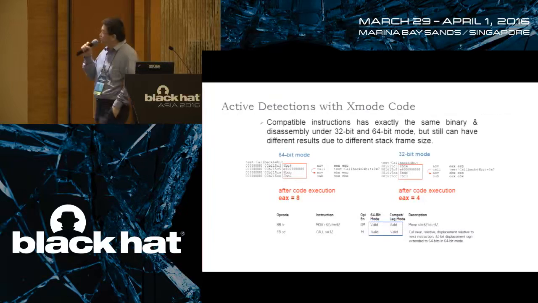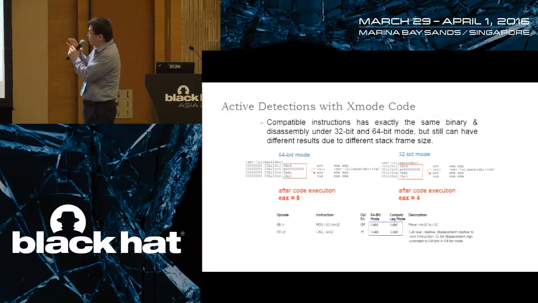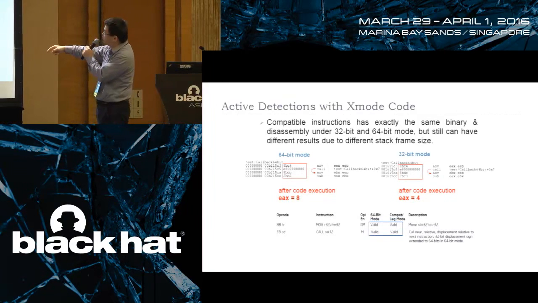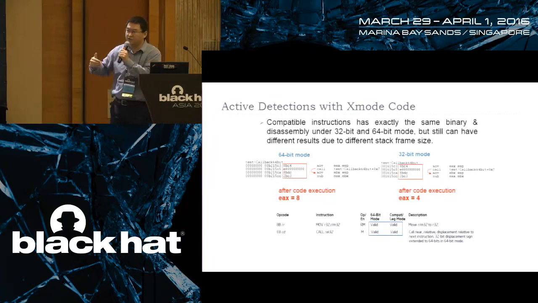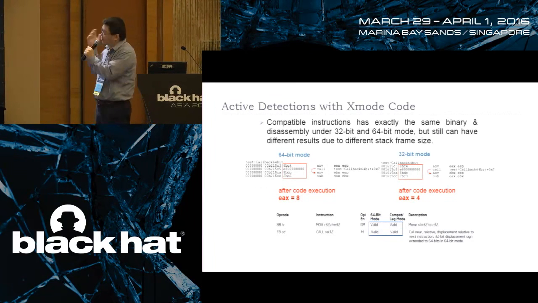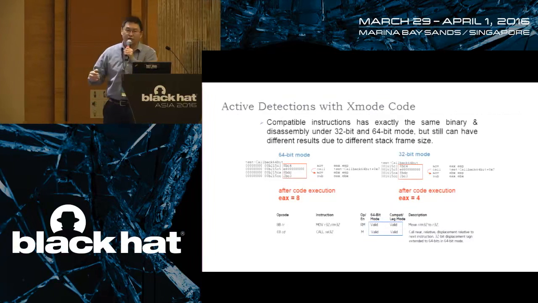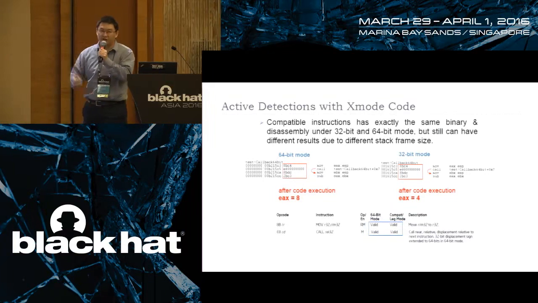For example here, let's look at the code piece. The left side is the 64-bit instruction, the right side is the 32-bit instruction, but you can see the binary, the opcode, is totally the same. The decoder itself will decode the assembly code the same. But if you run that at runtime, the behavior is different.